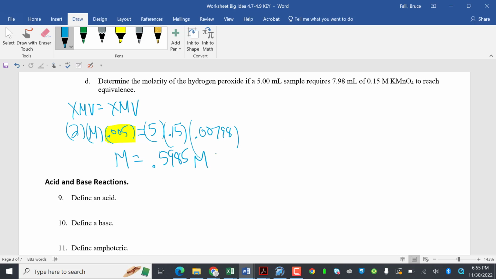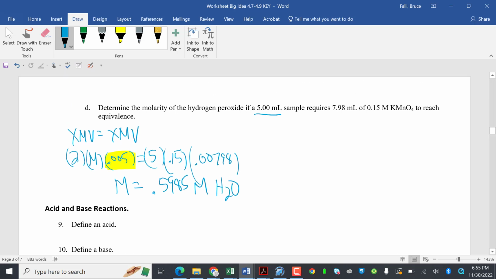And that's going to be molarity of H2O2. But I got to check my sig figs. So 3, 3, 2. So that means my answer should have 2 sig figs. So my real answer would be 0.60 molar H2O2.